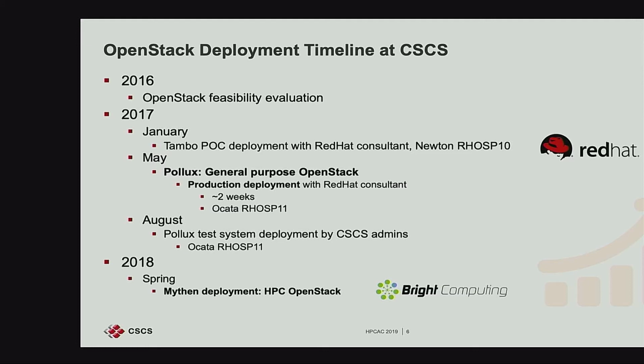But basically, the main difference is that on Pollux, we are running big scientific portals for collaboration. And on the other system called Mitten, we maintain ourselves some small HPC clusters.